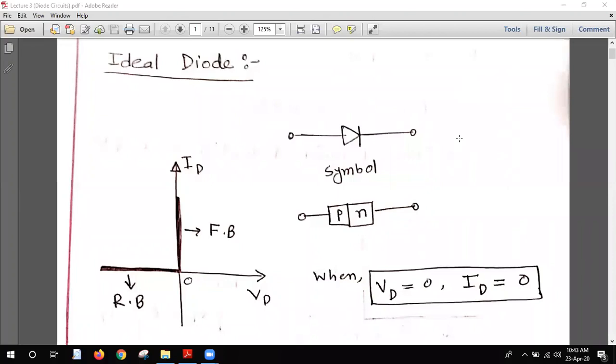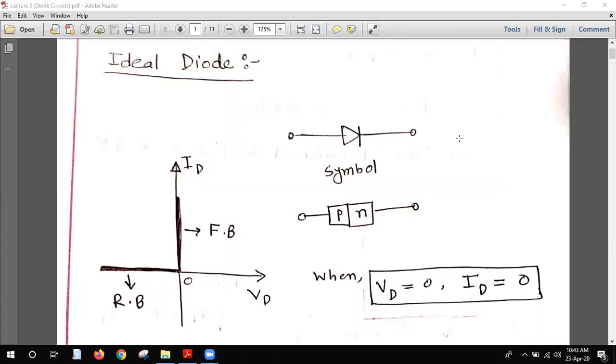In the last two classes, we discussed the diode configuration, how the diode is built from the PN junction. Then we discussed three things: the no bias condition, the forward bias condition, and the reverse bias condition. When the applied voltage is 0, there is no current in the diode.